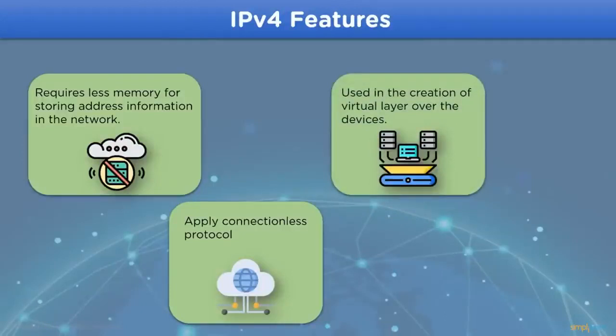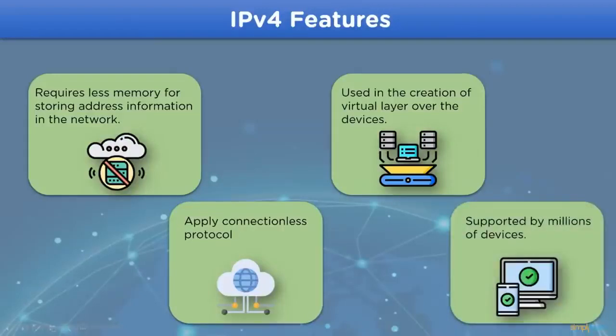That means IPv4 allows creating multiple networks over a single host, which allows different hosts to connect to it. Moving on, IPv4 addresses, being the earliest IP designed, are applicable to most network devices and systems for connecting to the internet. So it is supported by many devices.